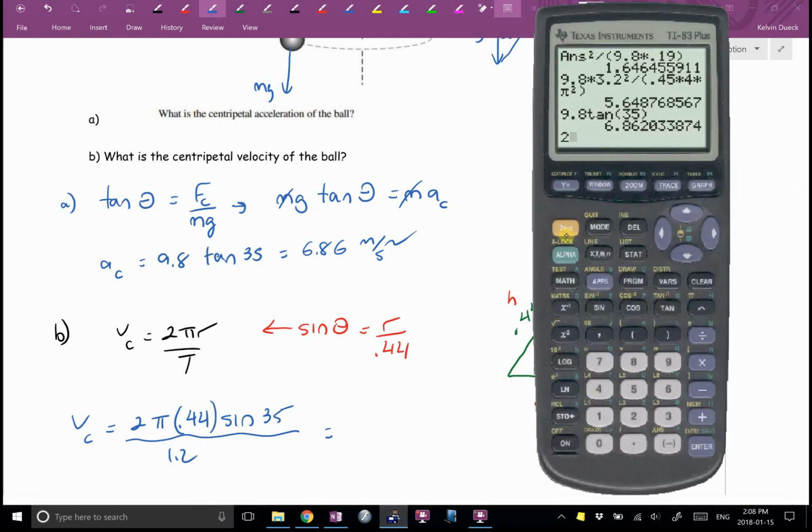Two pi 0.44 sine 35 divided by 1.2. I can get away without putting a times between the pi and the 0.44. Some of you might have to put a times sign on your calculator. Do you get 1.32? Meters per second.